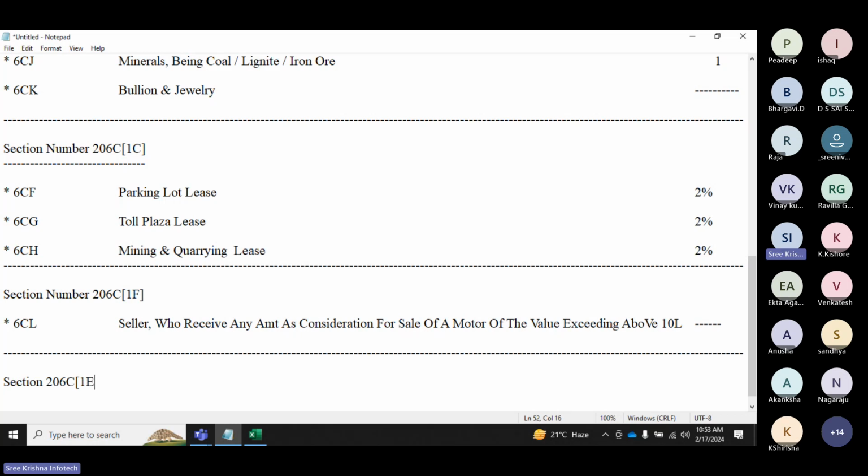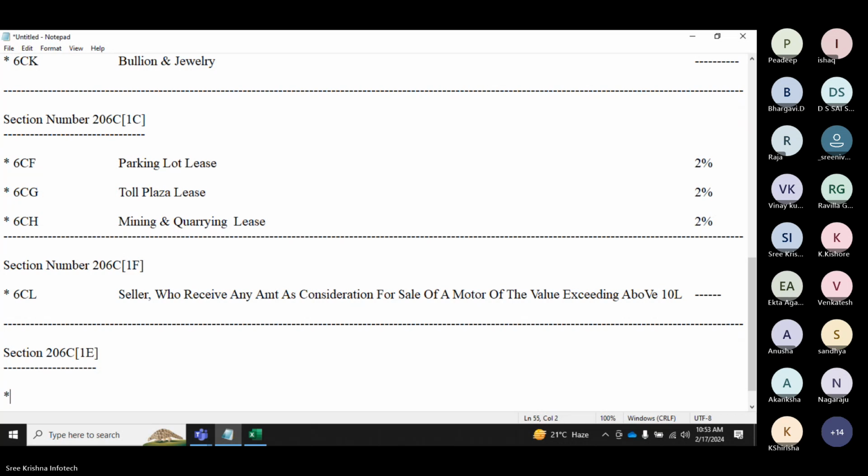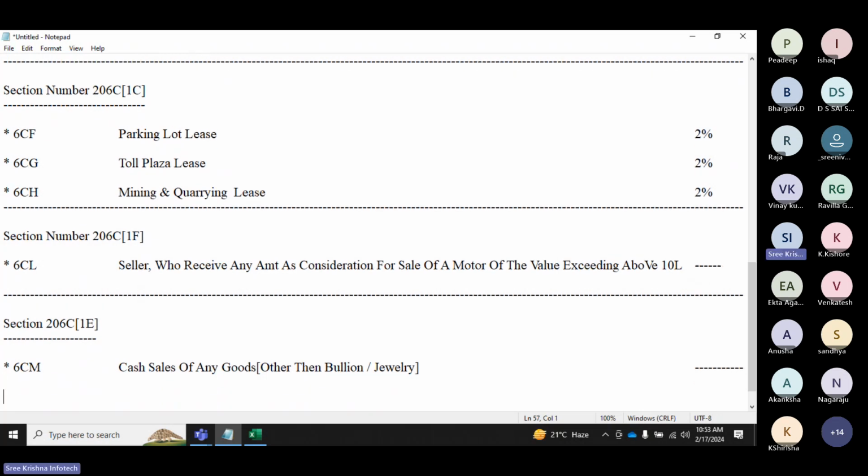1E is the act. 6CM. Any goods other than... ఇవి ఏ ఇయర్ కా ఇయర్ కి ఏ టైం కా టైం కి మారుతూ ఉంటాయి.